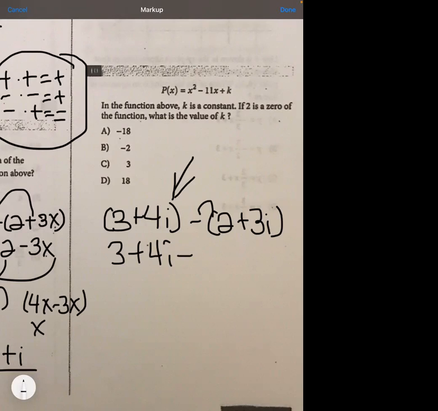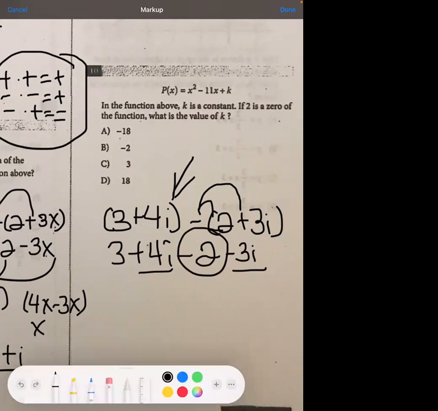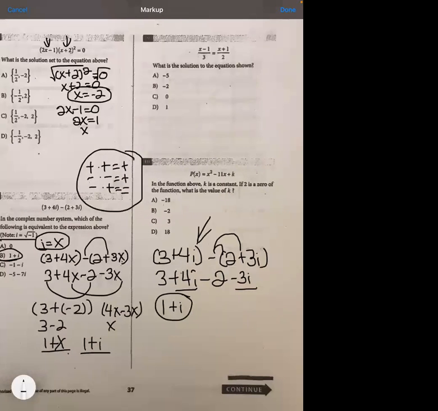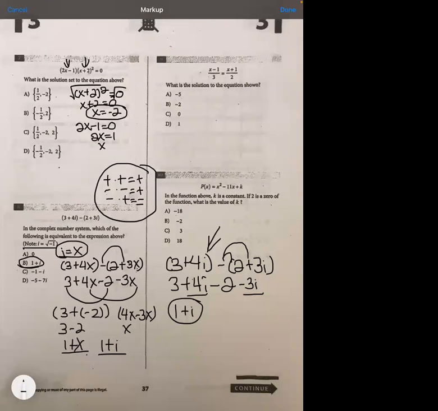So -2 in this case, and this negative times a positive is still a negative, so this will be a negative in this case. We will add the imaginary numbers together, and we will add the regular numbers together. When we add the regular numbers together, we will find out that the regular number equals 1, while the imaginary numbers equal positive 1. In this case, we will get the answer choice of B.